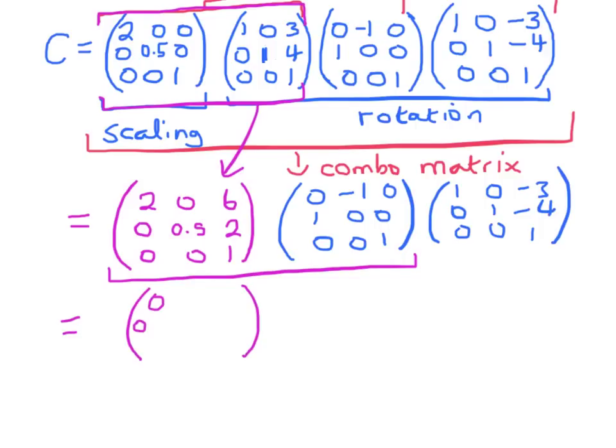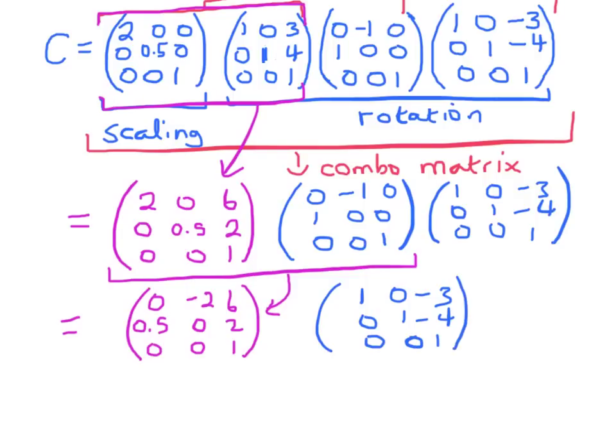So it's 0, 0.5, 0, minus 2, 0, 0, and 6, 2, 1. That's the answer to that multiplication. And I still have to multiply it by 1, 0, minus 3, 0, 1, minus 4, 0, 0, 1.